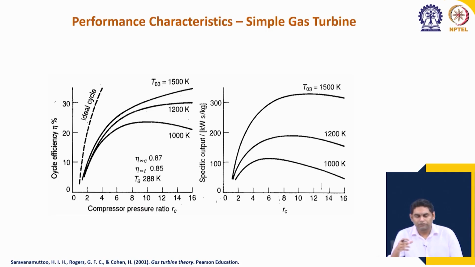So, the way to find the performance characteristics here is to do design point calculations, say for example, with a given set of inlet conditions, pressure ratio, turbine inlet temperature, but apart from this, also the efficiency of the compressor, efficiency of the turbine, combustion efficiency.